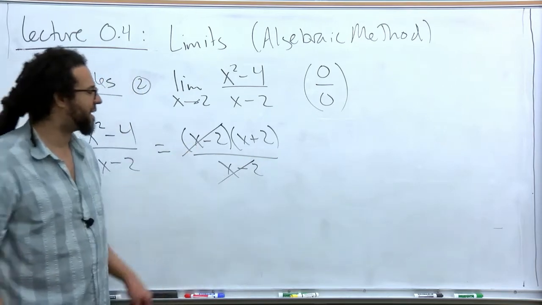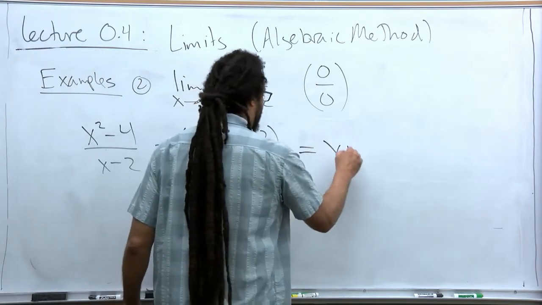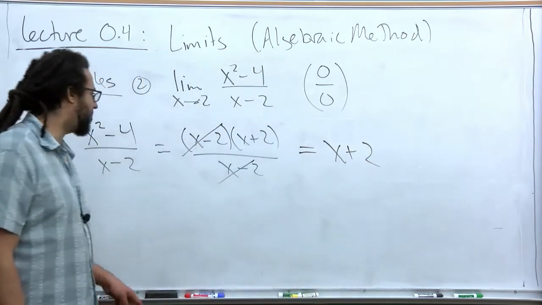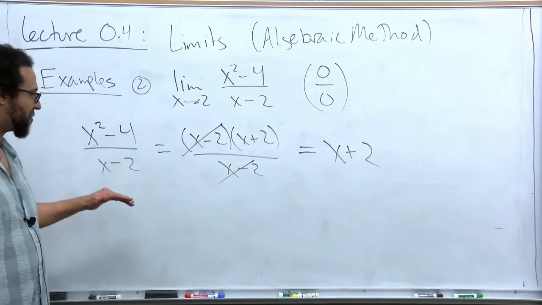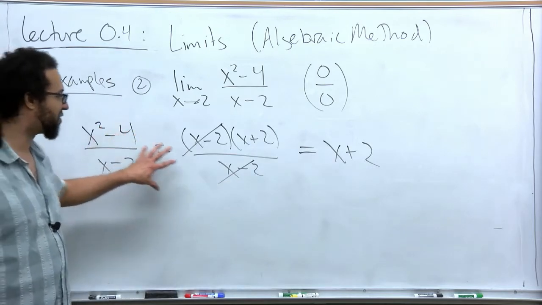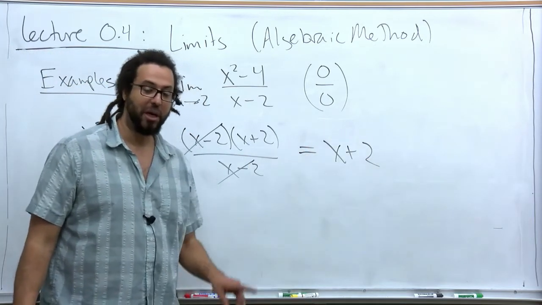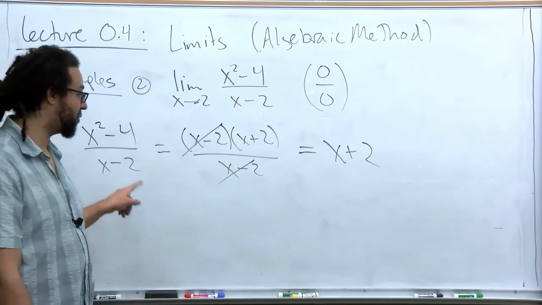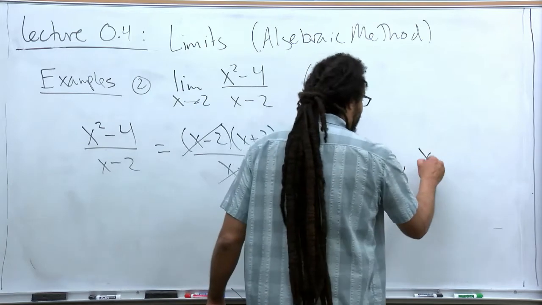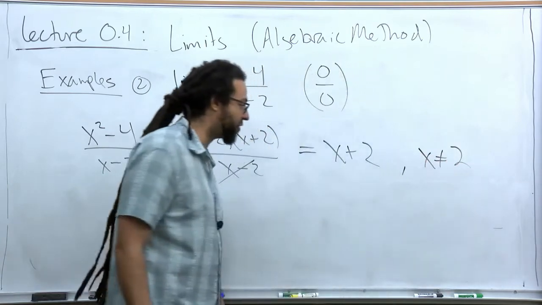And so I'm left with x plus 2. But if I stop now, what I have on the board is false. It's incorrect. These two functions are not equal. They are equal everywhere except at x equals 2. So we need to throw in x not equal to 2.